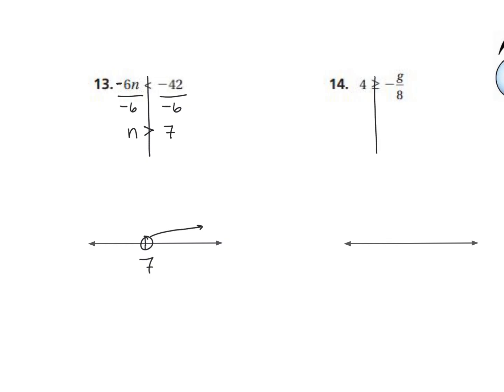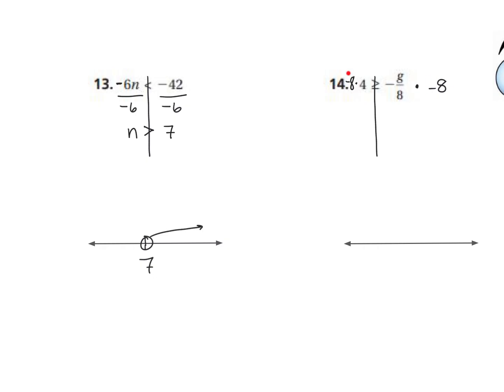Number 14, we have another example. This time I'm going to multiply. I have a negative g over 8. To get rid of the over 8 part, I'm going to multiply by 8. And again, to get rid of the negative, I'm also going to make this a -8. We'll do the same on the opposite side: multiply this by -8. Alarm bells are going off.